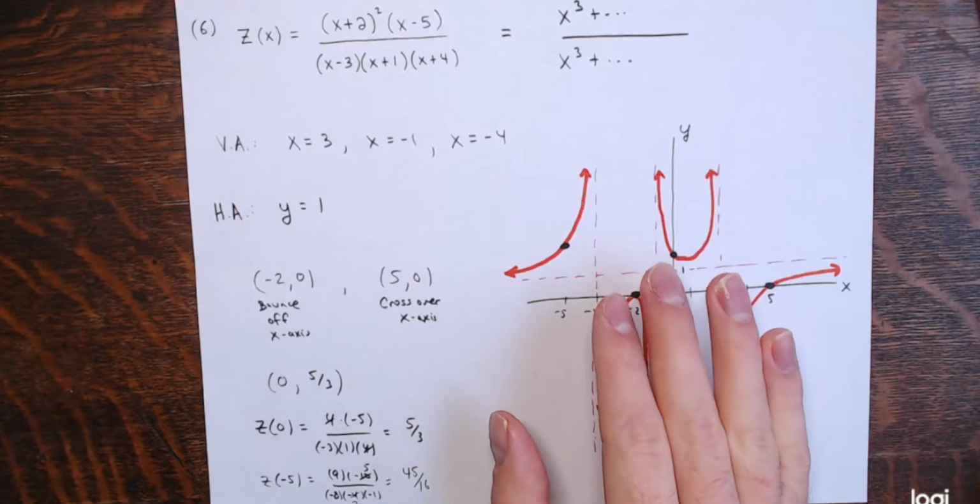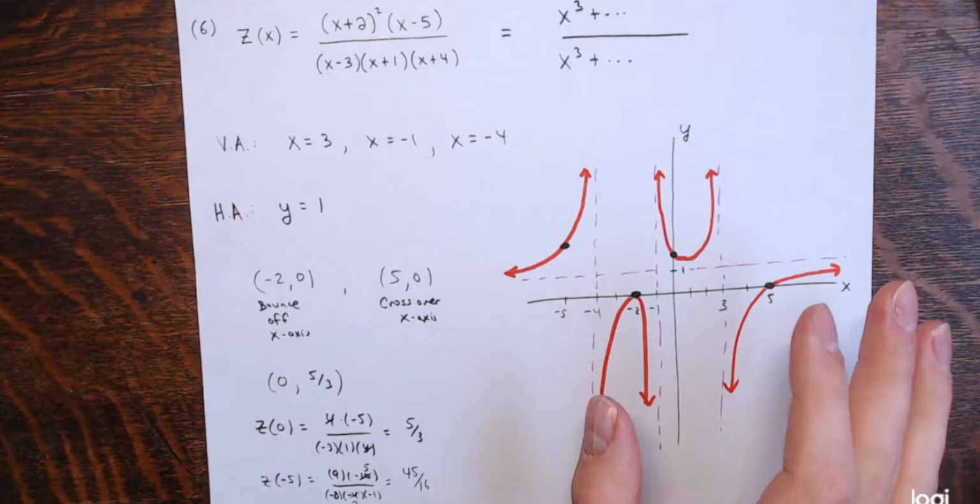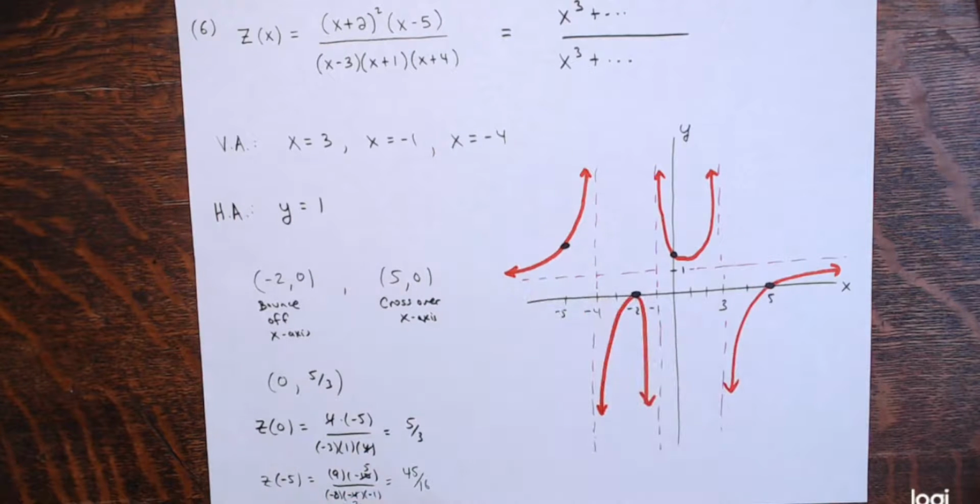Then find the intercepts, and use all that information, and maybe you'll have to plot some other points around these asymptotes. Once you've got all that information down, you should be able to make a pretty decent rough sketch of the graph using the points you plotted and the intercepts and the asymptotes as guides.